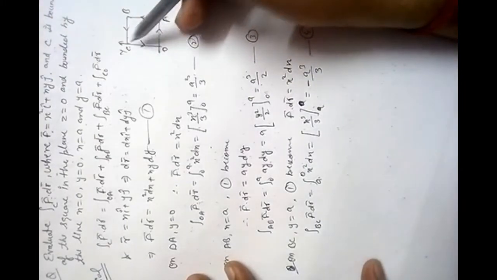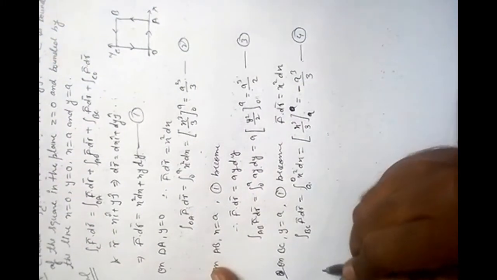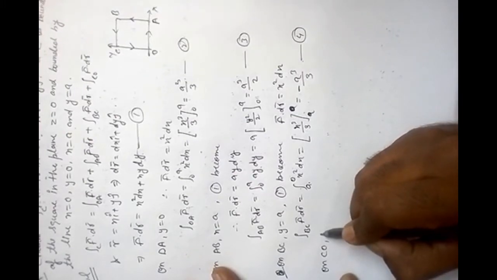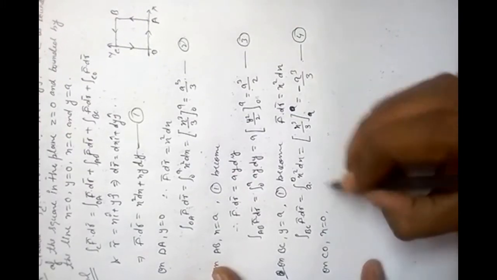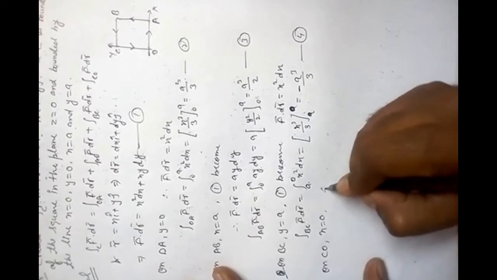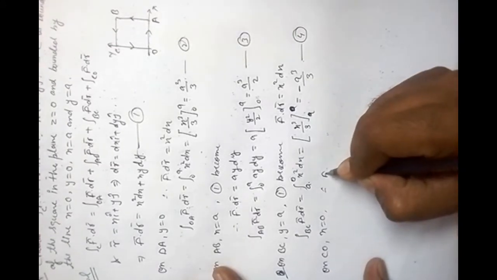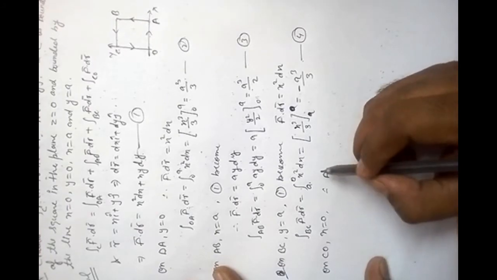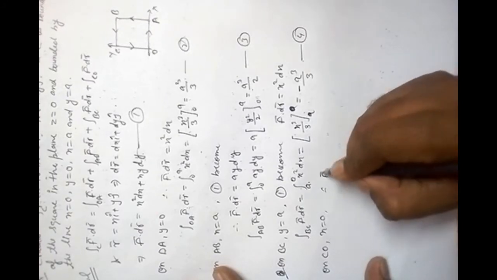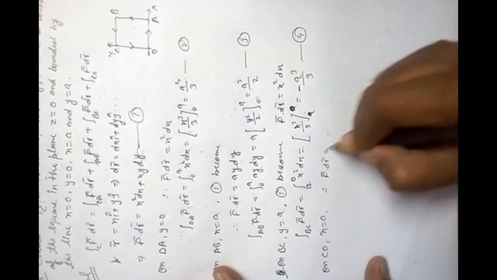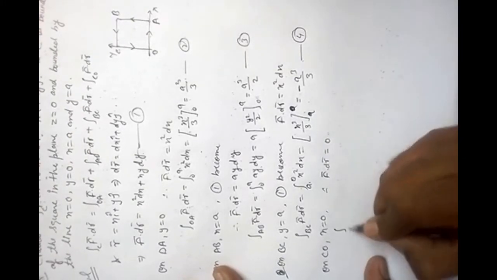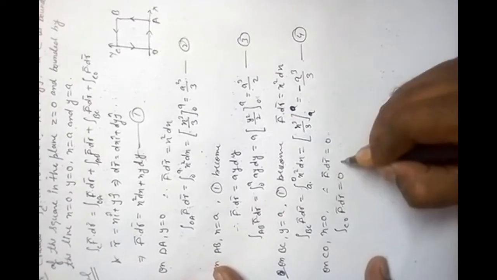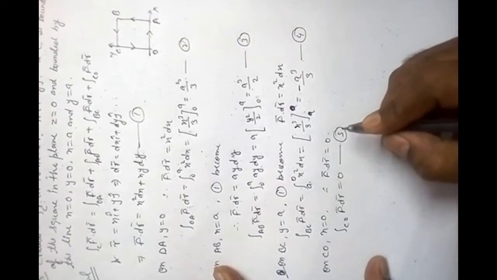And last is CO, and here x is equal to 0, so equation 1 becomes f dot dr is equal to 0, then integral CO f dot dr is equal to 0, equation 5.